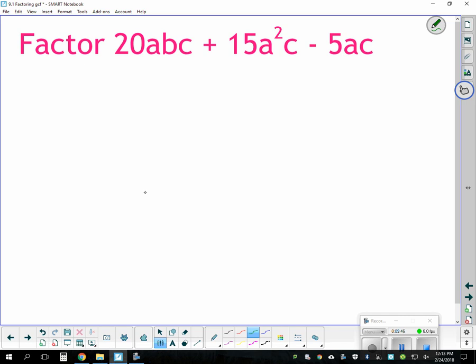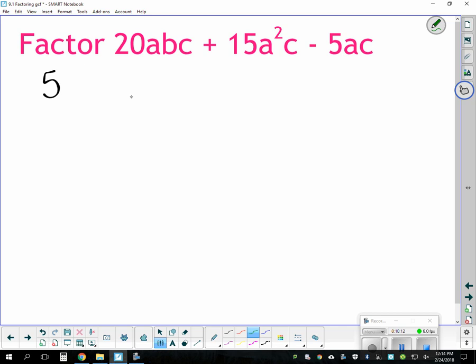Okay, the first thing you want to do is find the GCF in all the terms. Start with the numbers, 20, 15, and negative 5. Is there a number that you could divide all three of those numbers by? Absolutely. Hopefully you're seeing that it is 5. Then you want to look for common variables. Okay, this one has an a. Do they all have a's? Sure, they do.